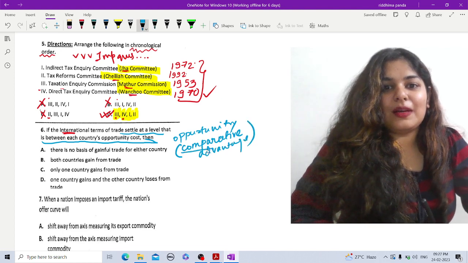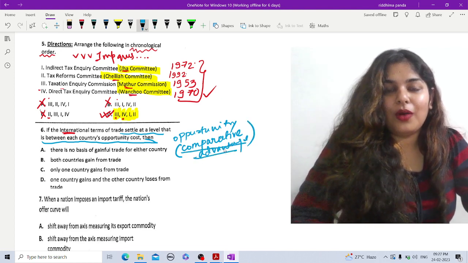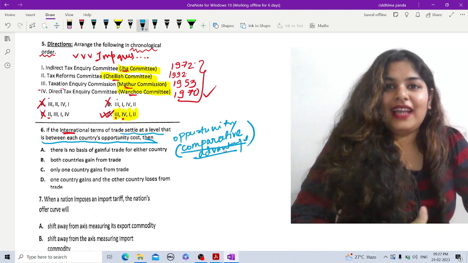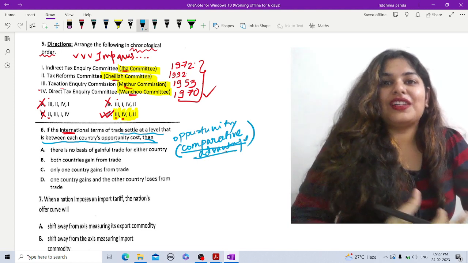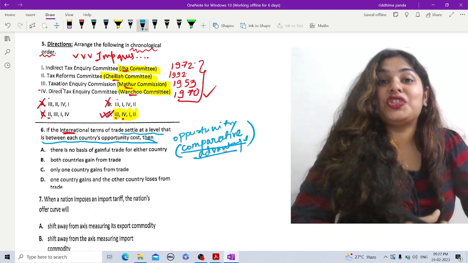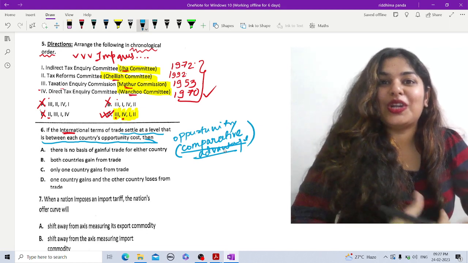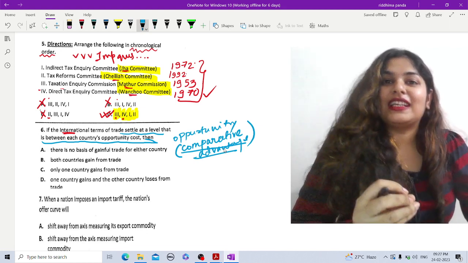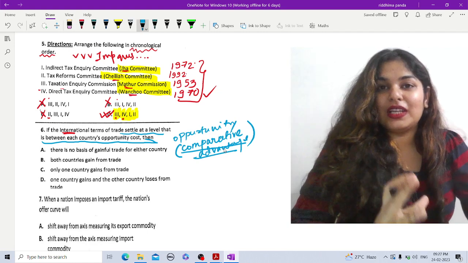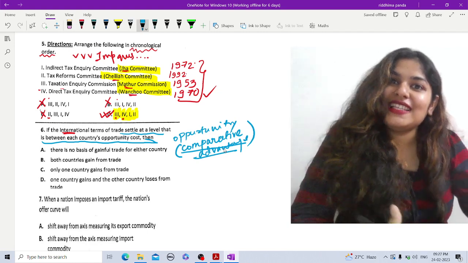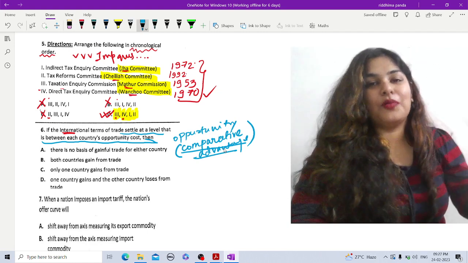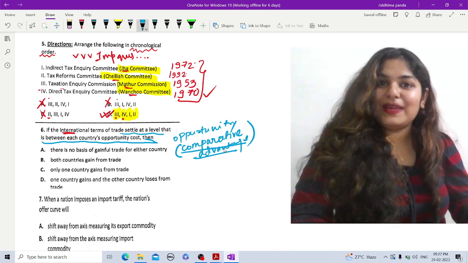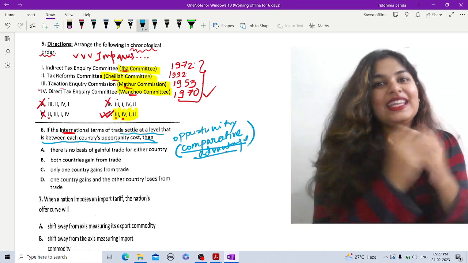Now what is the comparative advantage theory about? It is about the fact that whichever country has a lower opportunity cost in a particular commodity than the other, that particular country will specialize in that commodity and ultimately trade and then gain from it.